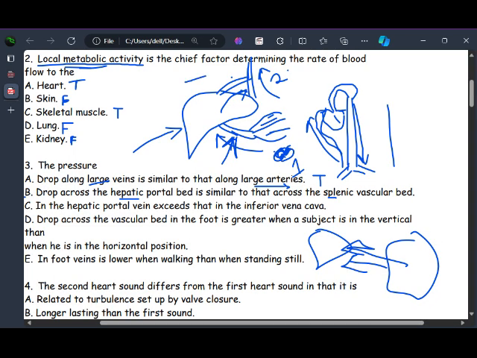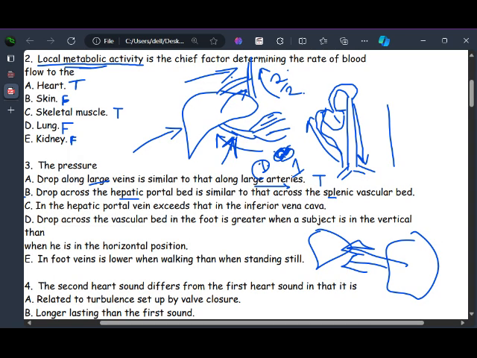Then the inferior vena cava is all the way up here. So like I said, for the blood to flow in this system, the pressure in the vessels at point A, where you're coming from, needs to be high.